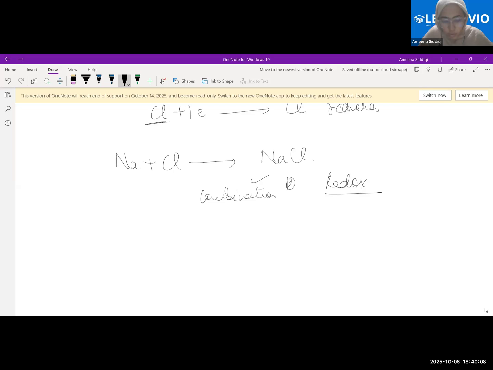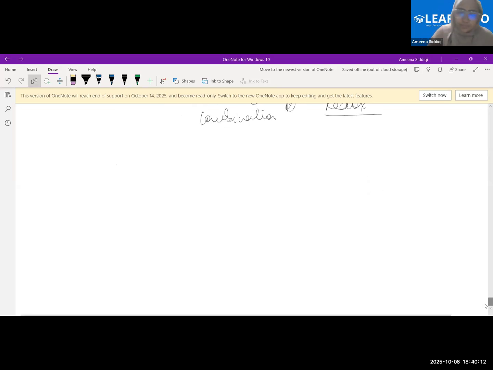Now the next point here is, whenever the element loses electron, what type of charge does it gain? Will it gain any charge if the electron is being lost?